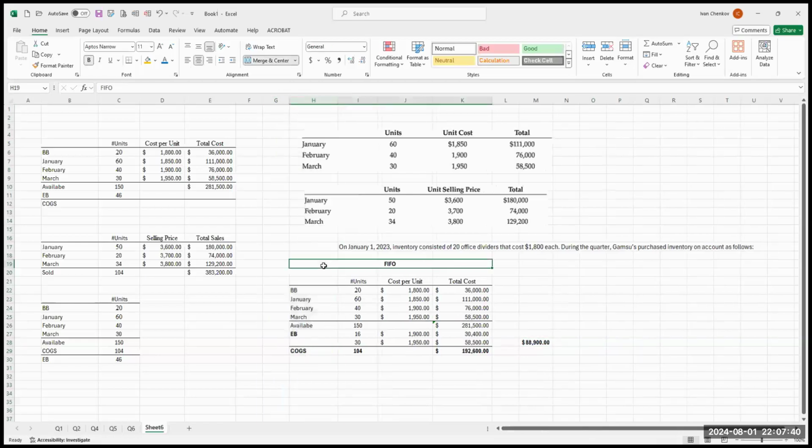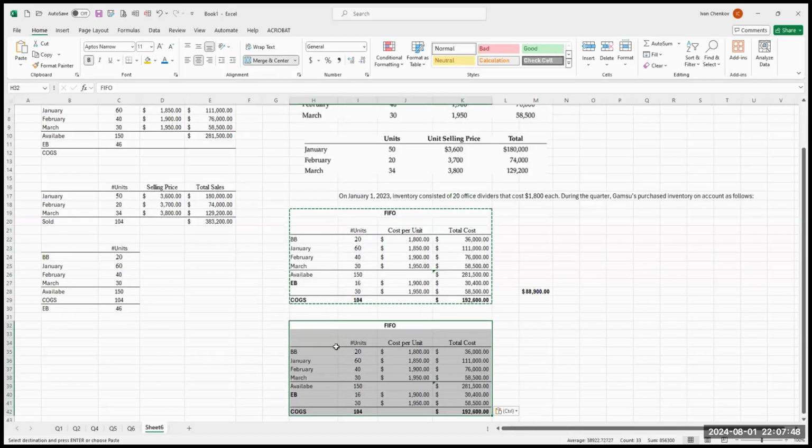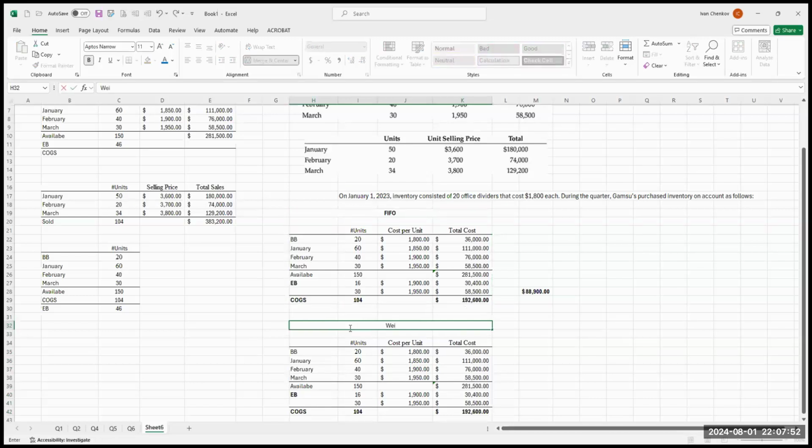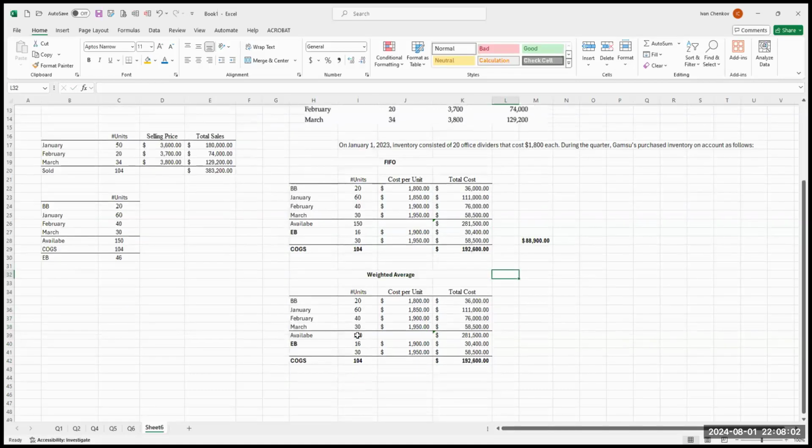Now the second scenario is if we're using the weighted average. As we already figured out, the weighted average should be way easier than this. I'm spending too much time on those questions. I shouldn't be, but I want you to understand it. So in this case, I don't need this column here.